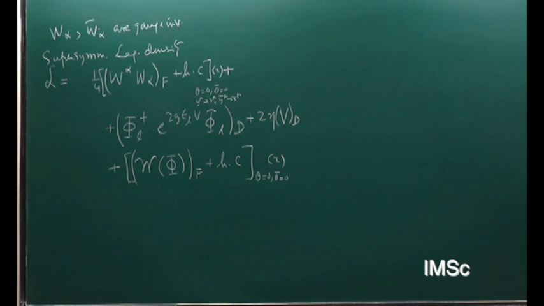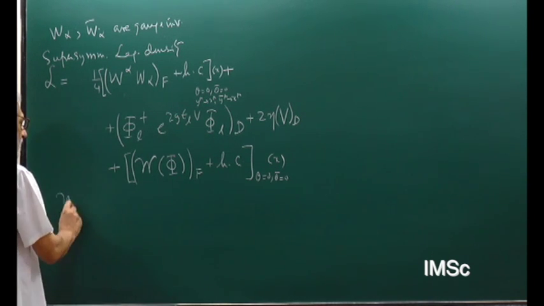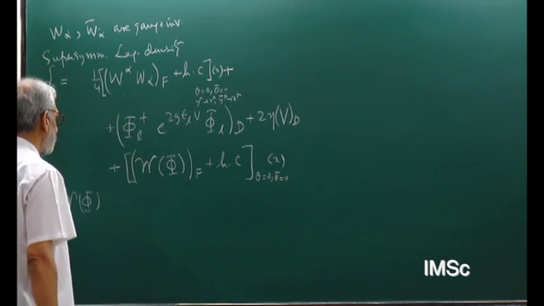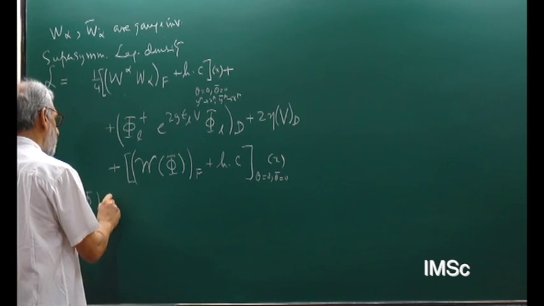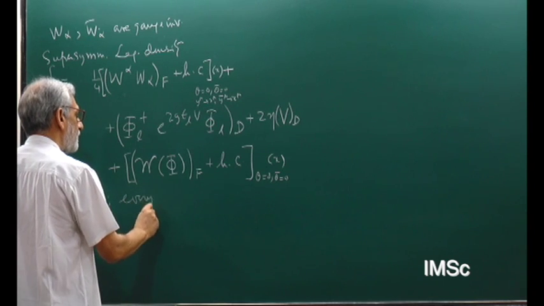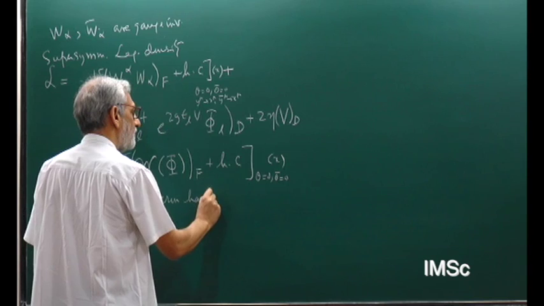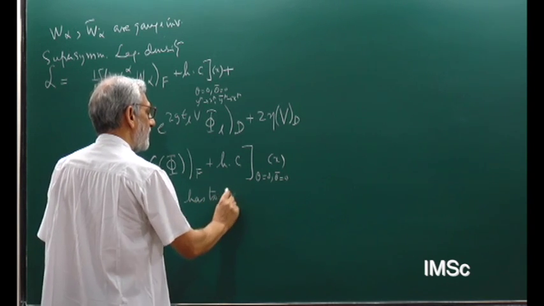Now, this curly W of phi is a polynomial in phi. Every term has to be gauge invariant.